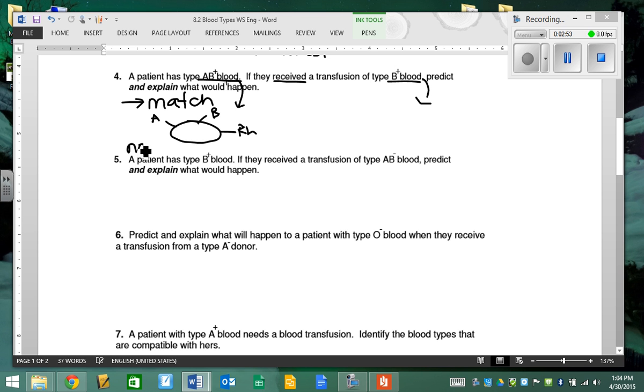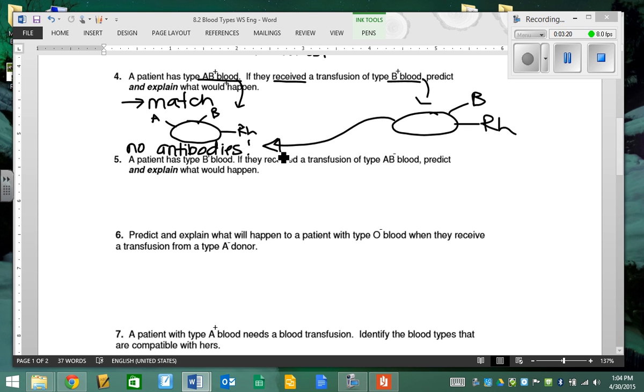So, because there are no antibodies, this type of blood, AB, specifically AB positive, can receive any other type of blood. Type B, of course, has B antigens and Rh antigens. When I put this into blood that has no antibodies, no reaction will happen. And we are always concerned with the antibodies of the receiver, not of the donor.